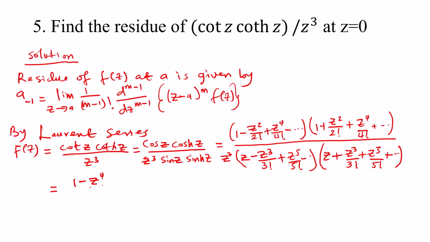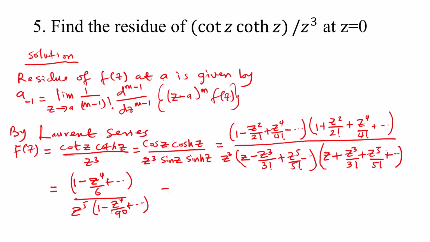So this can be simplified further to 1 minus z4 over 6 plus and so on, over z5 into 1 minus z4 over 90 plus so on.